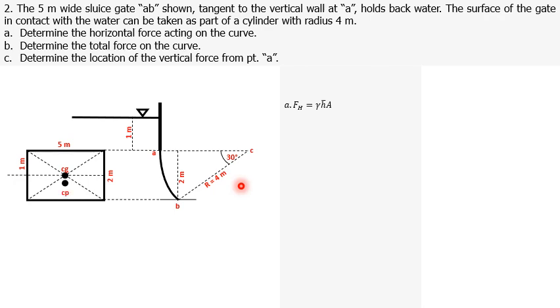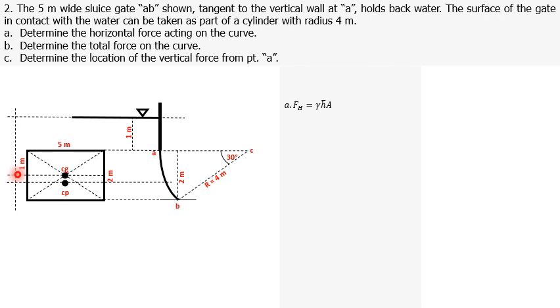We also have the center of pressure CP below CG, where FH acts. For h bar, that is the vertical distance from the liquid surface to the CG.